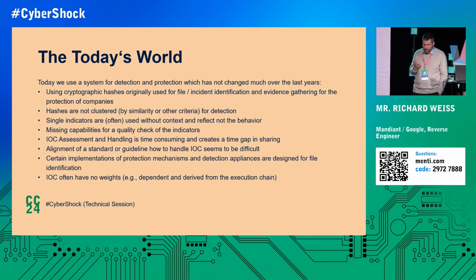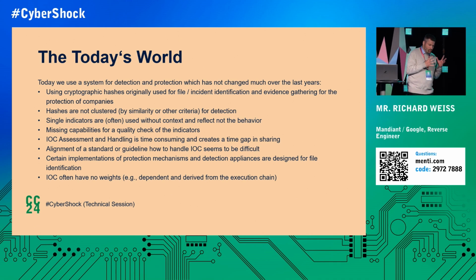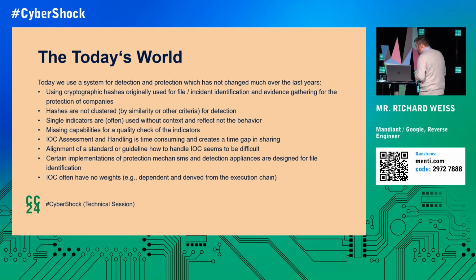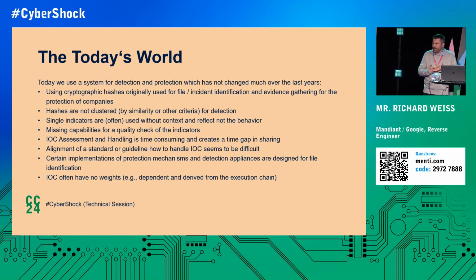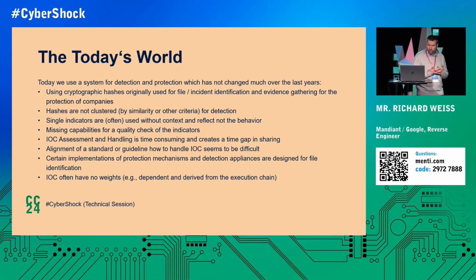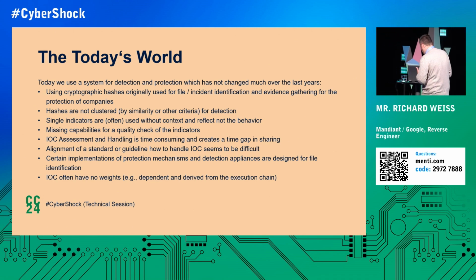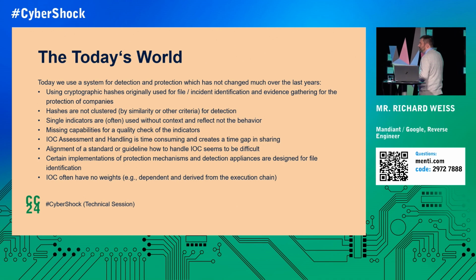We see that the cryptographic hashes I mentioned come from one specific attack in the past, and they are used for the protection of companies. If I look at the past, 13 or 20 years ago, it was quite good, when attackers did not adapt the tooling and did not change indicators inside. If I change anything inside the file, or if I add something to the file, the hash will of course change.